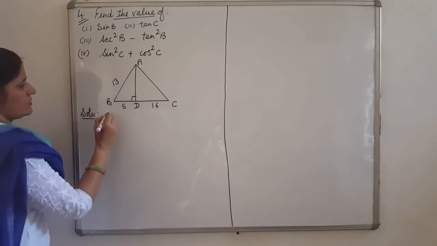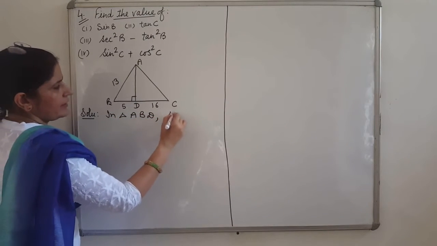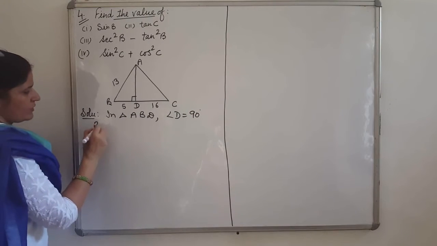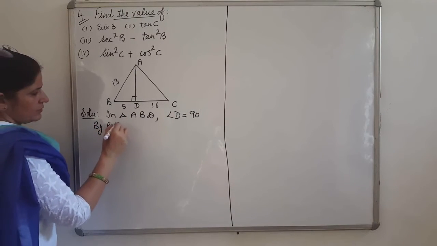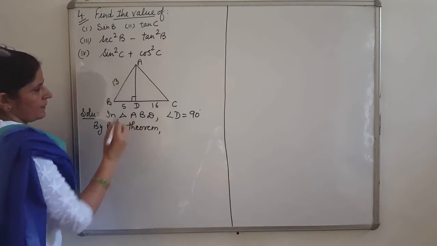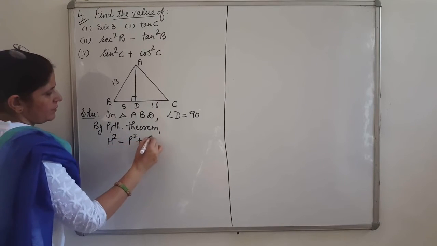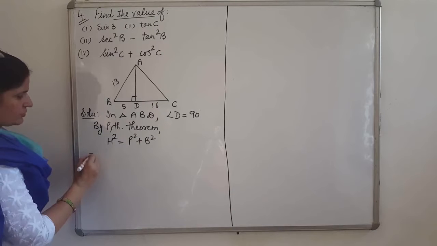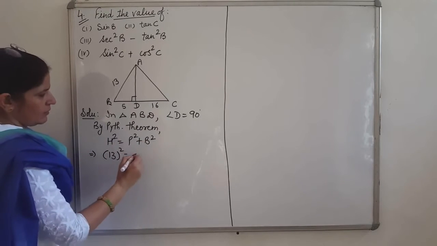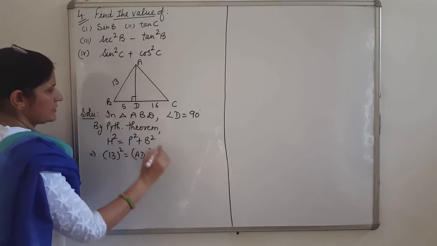So in triangle ABD, angle D is equal to 90 degrees. So by Pythagoras theorem, H square is equal to P square plus B square. What is H? 13. P is AD, and base is 5.